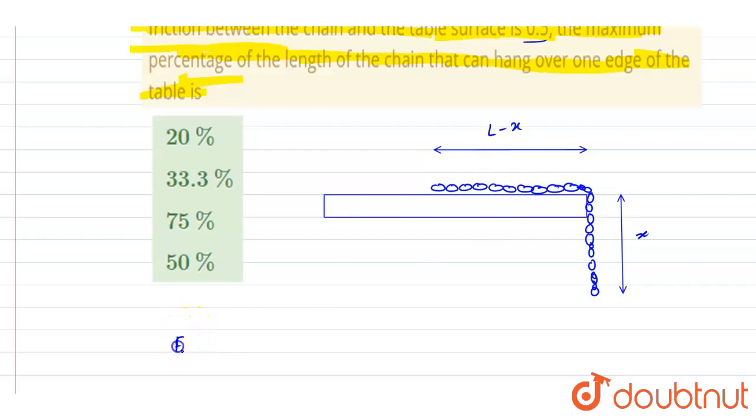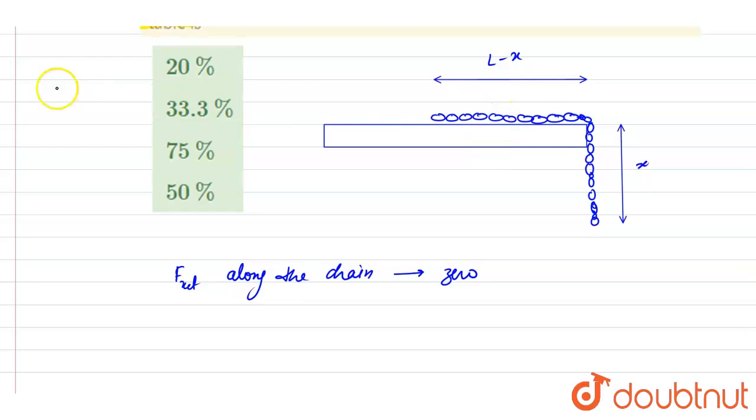So let me write down F net along the chain should be 0, right? So if you see here, the net force on this chain which is kept on the table is mass per unit length into g, normal reaction.